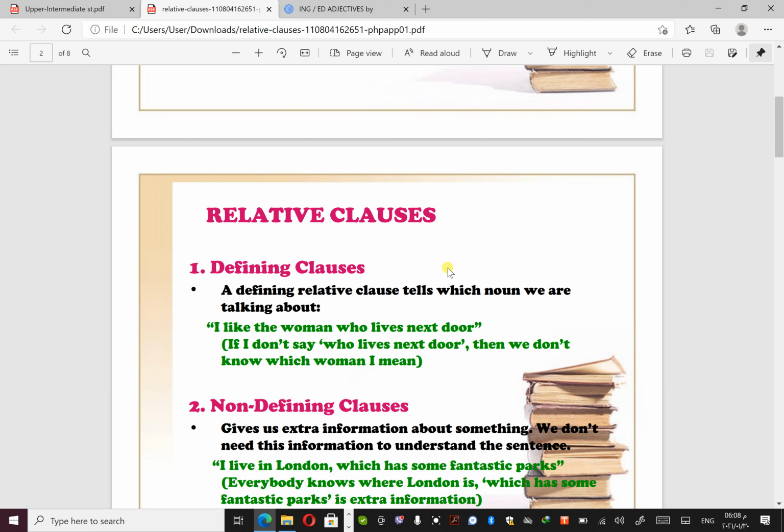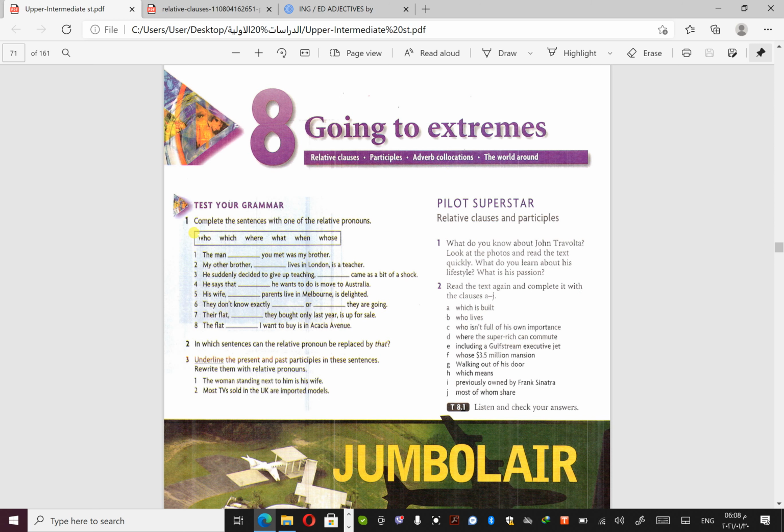For example, when you use which, who, that or whom, if you see here in the book, these are not used as question words. They are used as pronouns to give us maybe necessary details or unnecessary details.